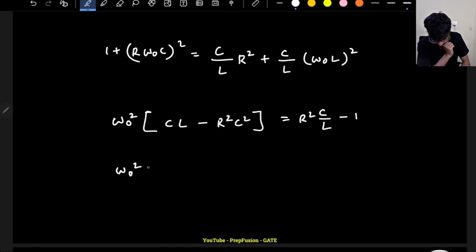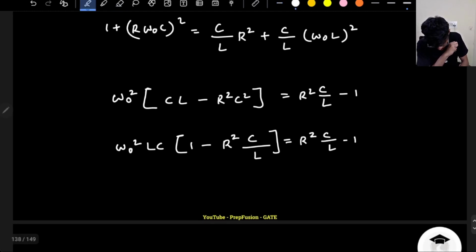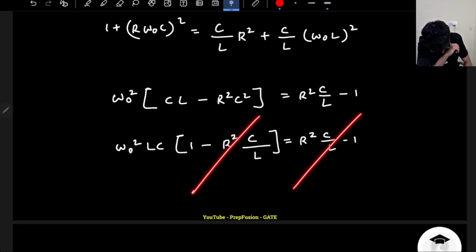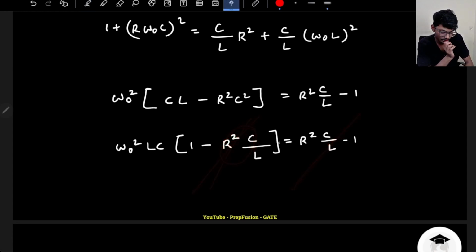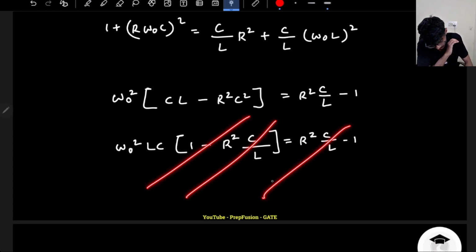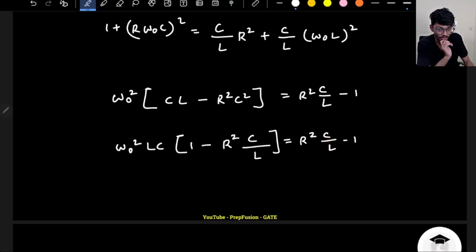So this will be omega naught square. If I take LC common, this will be 1 minus R square C minus 1 by L. Okay, so basically I can cancel this one out, because R square is constant, and I will cancel this one out only if, okay, can I cancel?